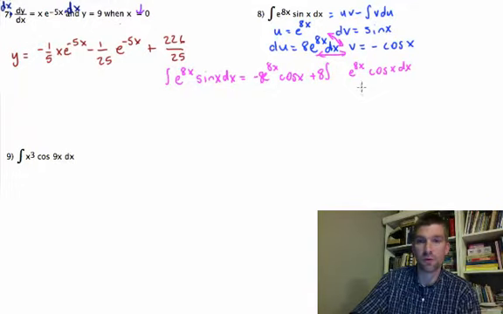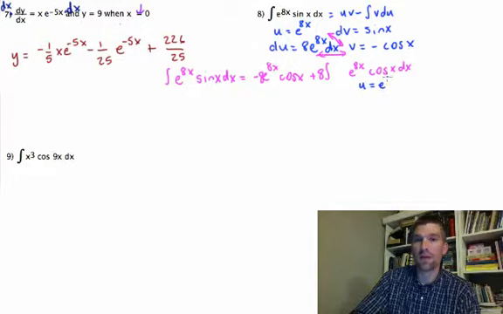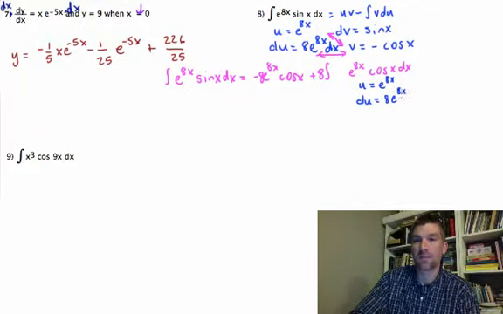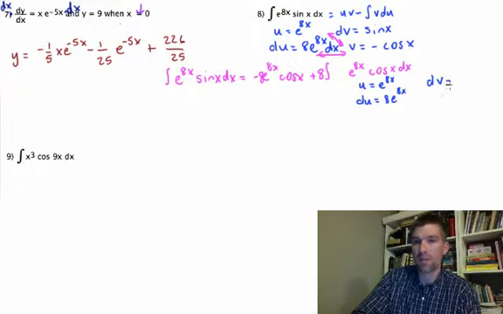So I'm going to use blue all over again. And when I integrate this, I'm going to let u equal e to the 8x. And I do that because whatever I pick for u to start, I have to have with me for the long haul. So this is going to be 8e to the 8x. And dv this time won't be the sine function because I don't have him in this particular part of the problem, but I do have the cosine of x.